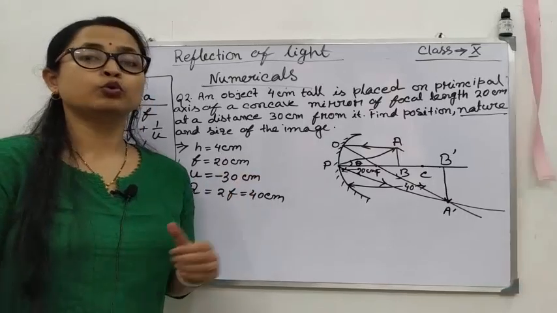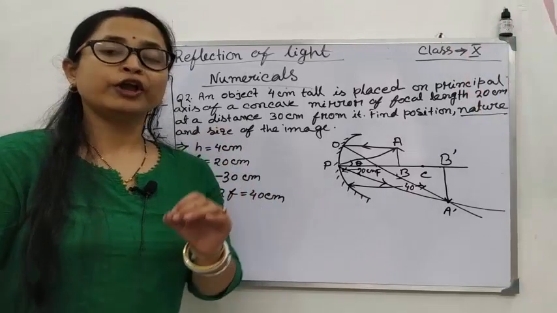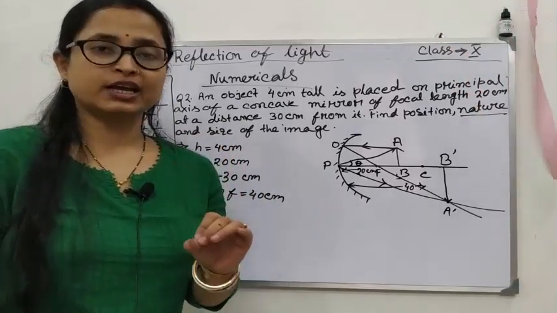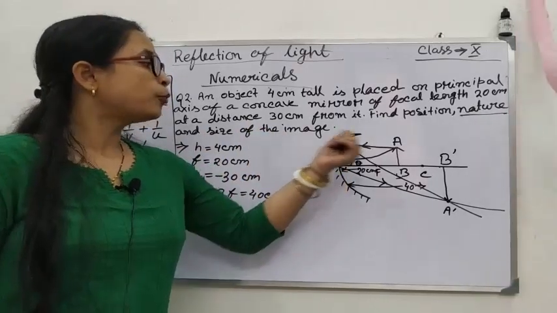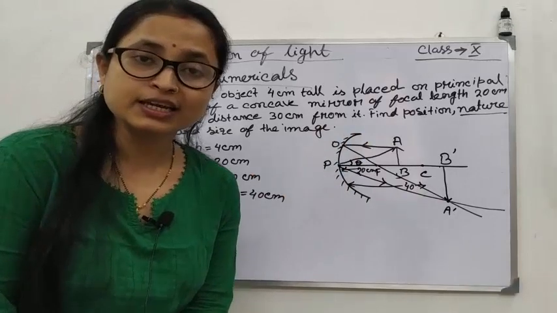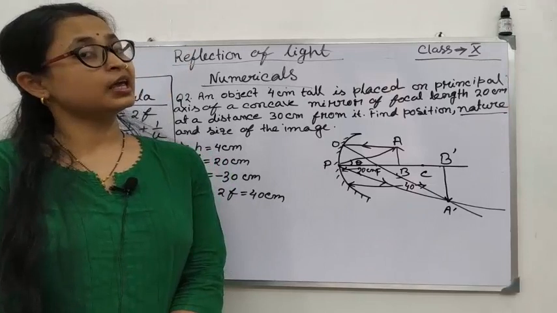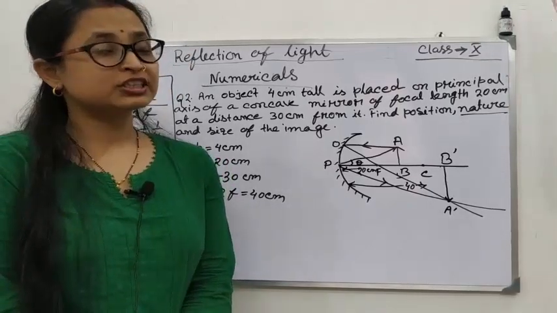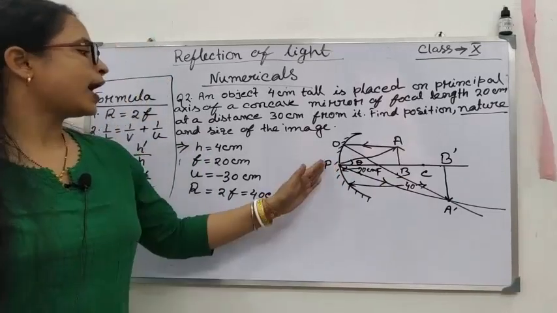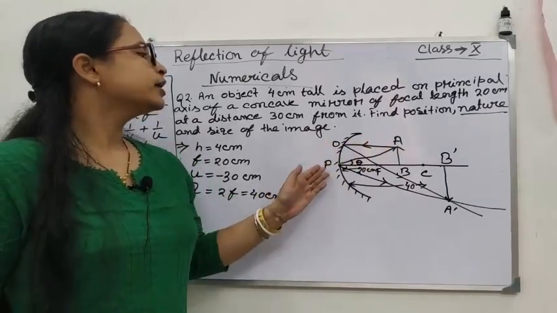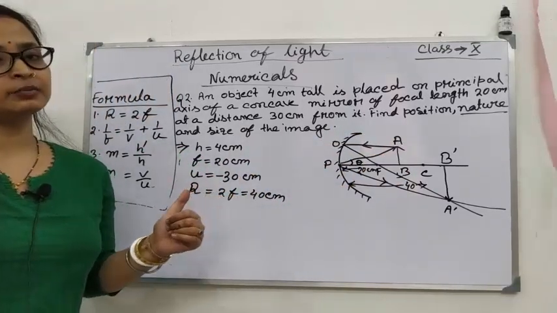Like this you have to use sign convention. Again, let me tell you, whenever we measure a distance, if its direction is opposite to the direction of incident light, then it will be negative, and if it is in the same direction, then it will be positive, and distance is always measured from the pole. So as the direction of AO and PB is opposite, we take minus 30 centimeter.